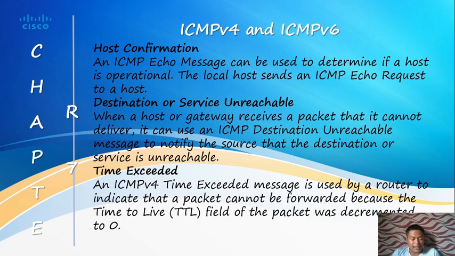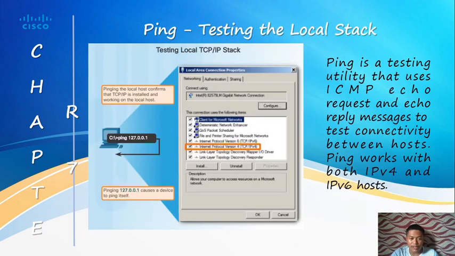Time exceeded. An ICMPv4 time exceeded message is used by a router to indicate that a packet cannot be forwarded because the time to live field of the packet was decremented to 0.